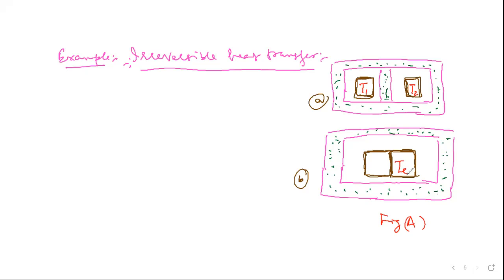So TE is the intermediate temperature. So we remove the insulating barrier or wall between the blocks and the blocks are brought in thermal contact with each other to come to equilibrium intermediate temperature TE, right?